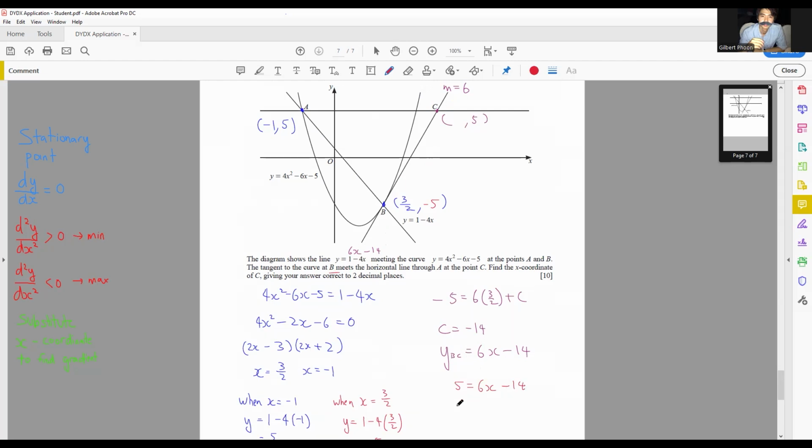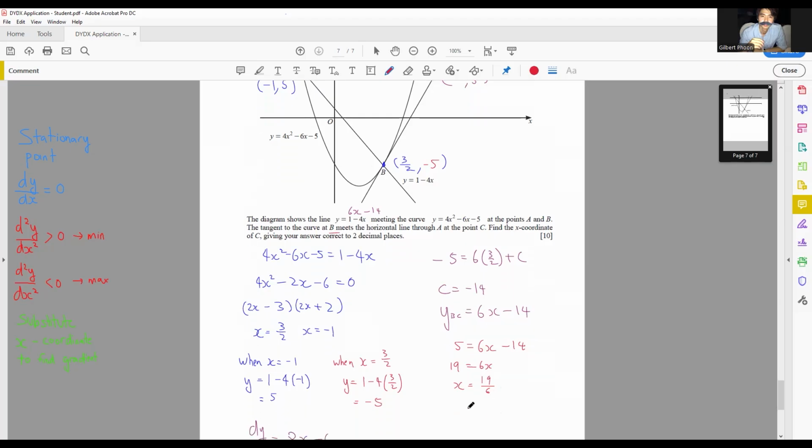Then bring the 14 over, 19 equals to 6x. And lastly, x is equal to 19 over 6, which if given to two decimal places, is 3.17.